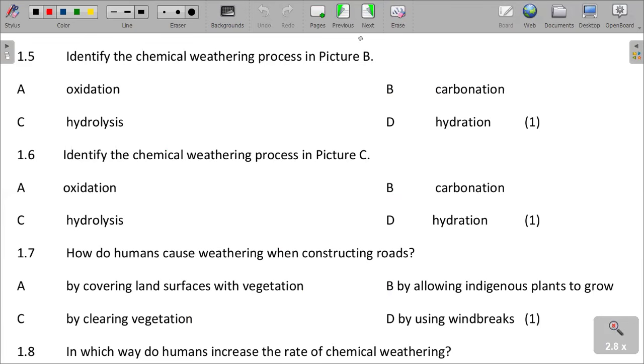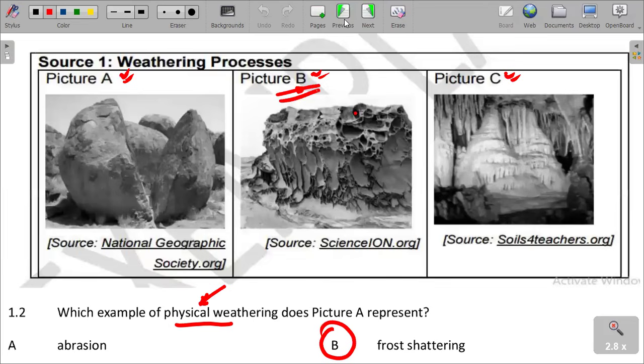If you can see that, in picture B, it is a process through which water reacts with minerals, breaking them down, altering their chemical composition, and also forming some of those crevices, and then forming new softer minerals, which sometimes we call clays, and then finer soil particles are formed, and it is key in soil formation.